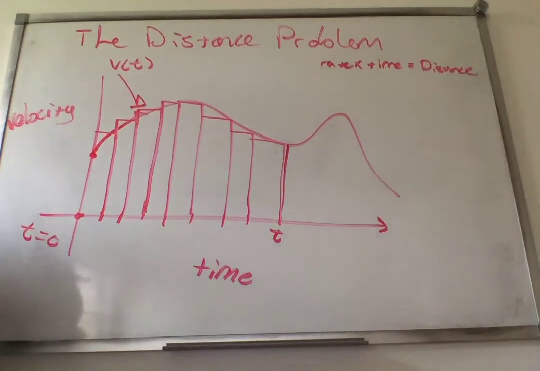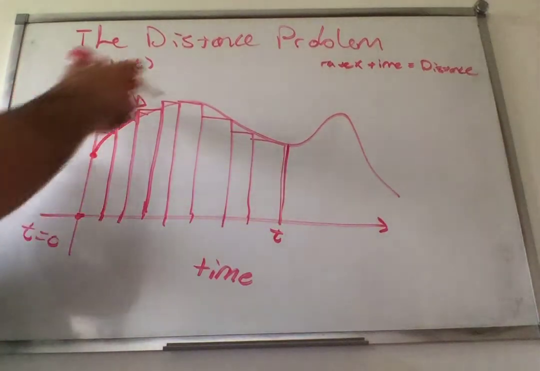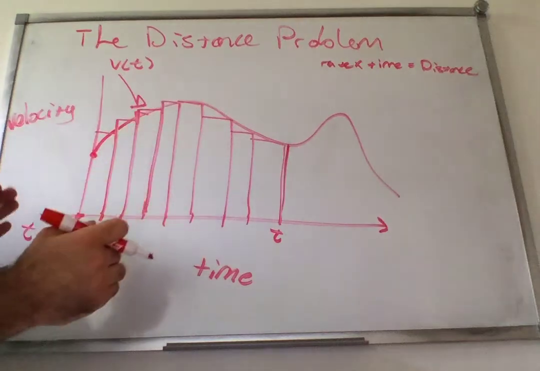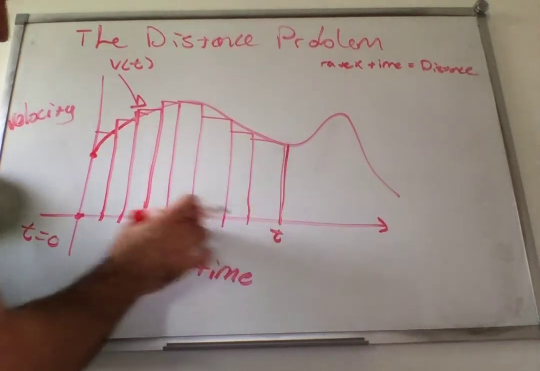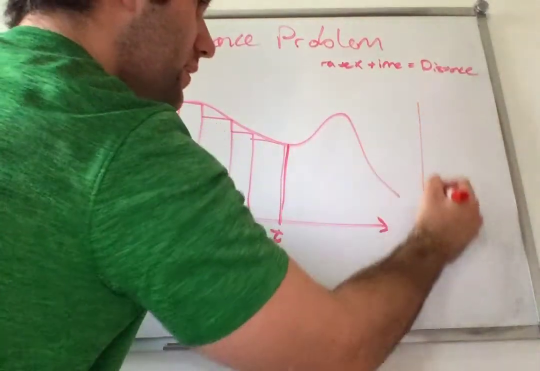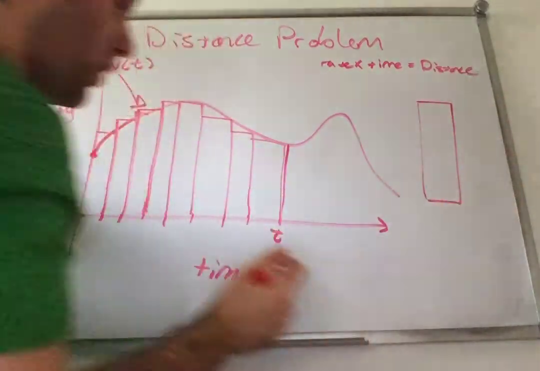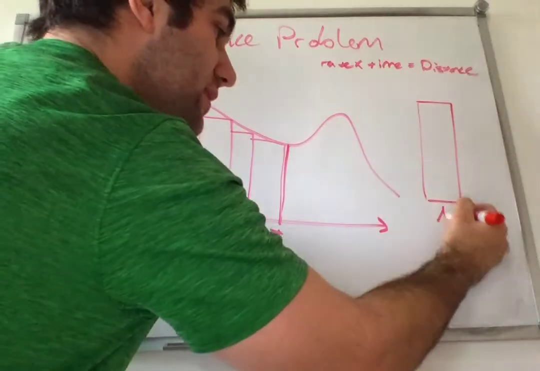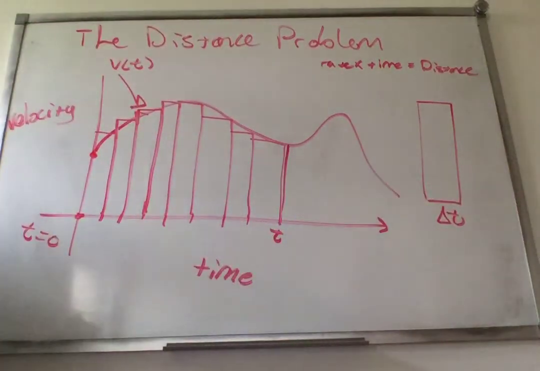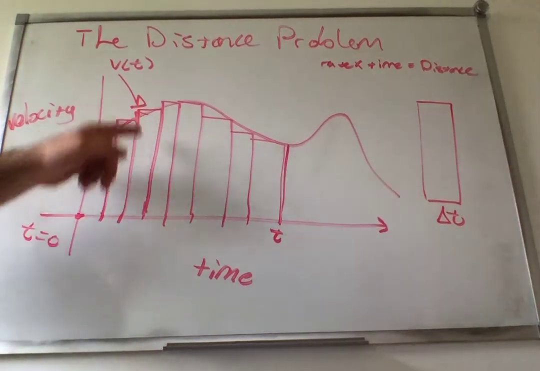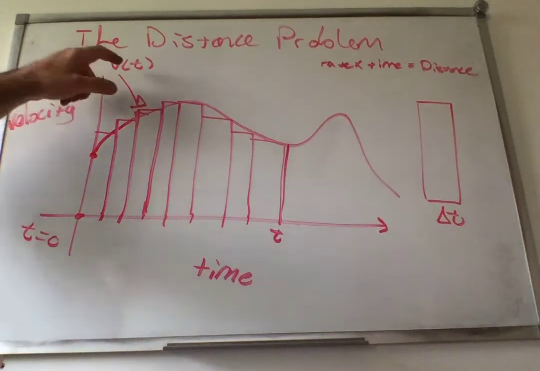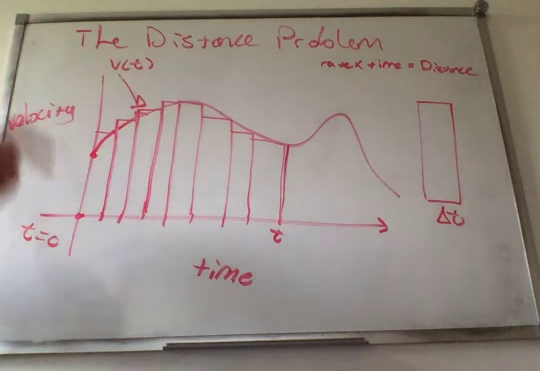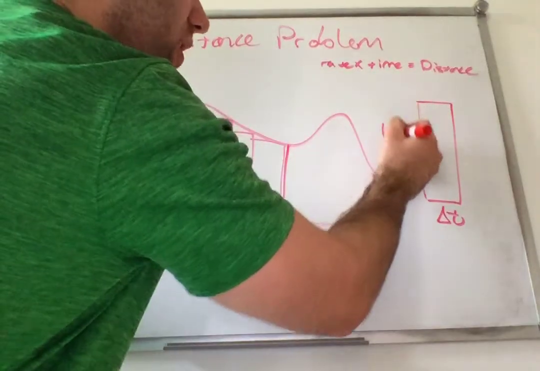We're going to split this velocity up into intervals and make rectangles. If each one is the same, the length down there is delta t, okay? The height at every single one of these rectangles is some velocity, some v of t, okay? I'm just going to call it v of t.